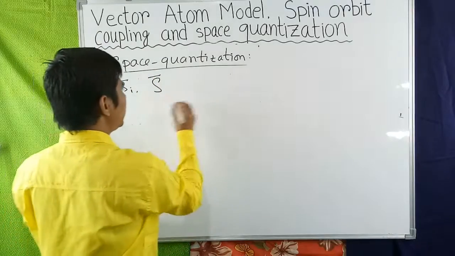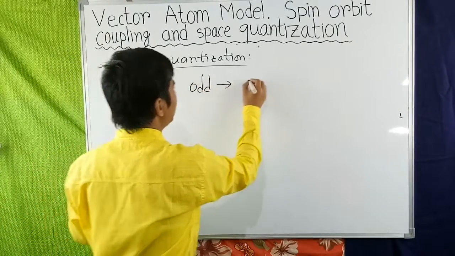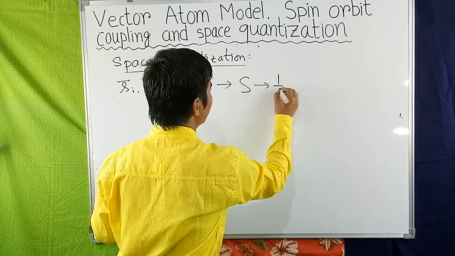So in case of odd number of electrons, S is half integral.